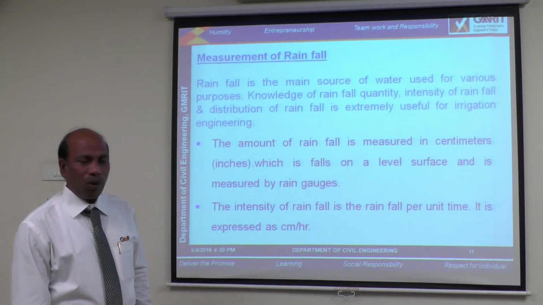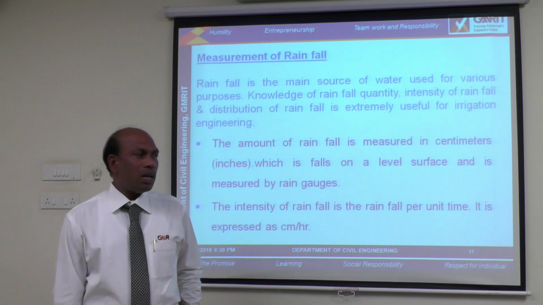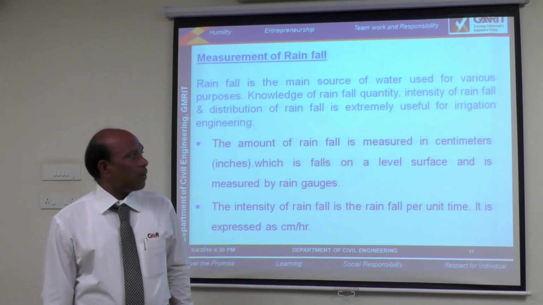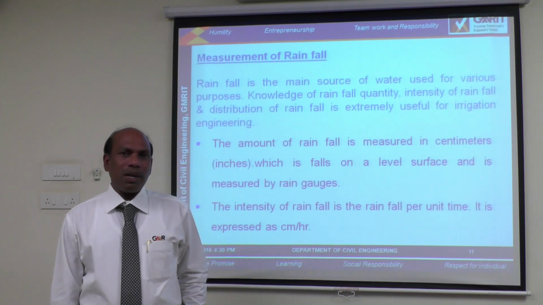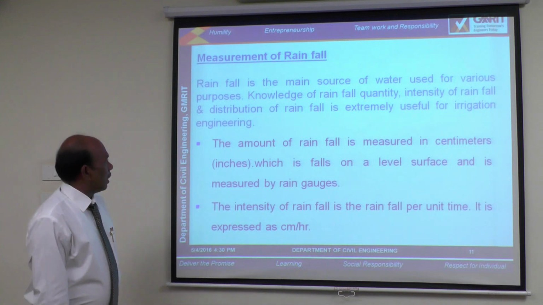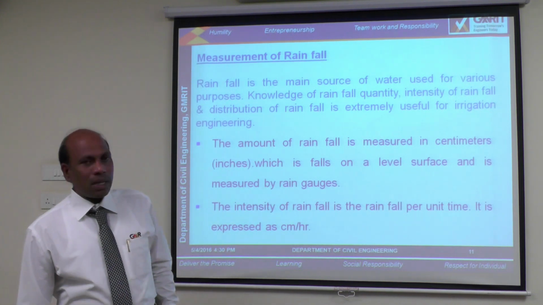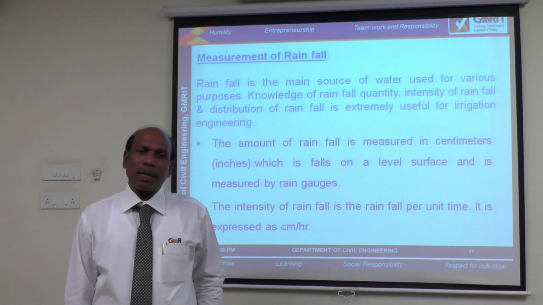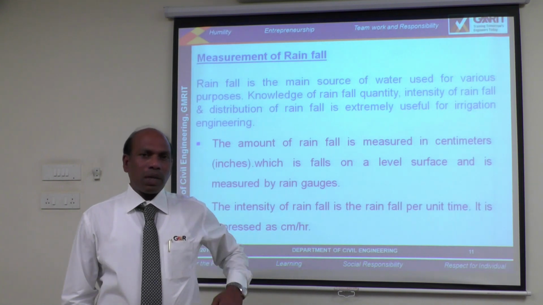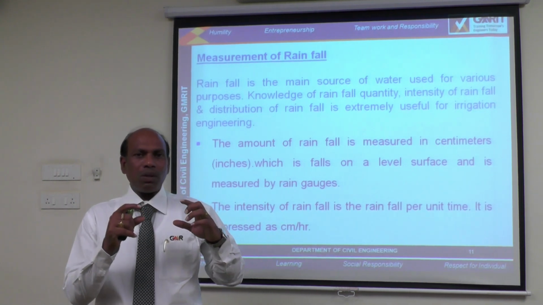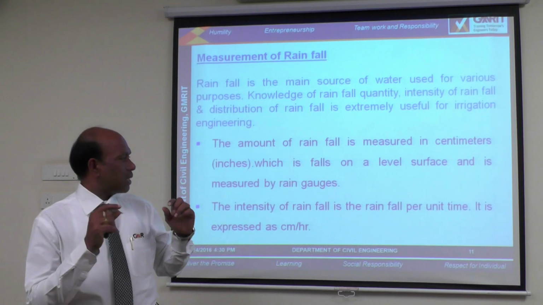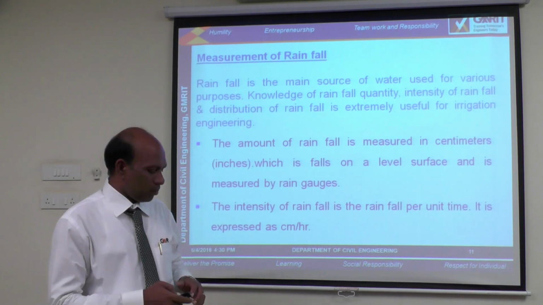Knowledge of rainfall quantity, intensity of rainfall, and the distribution of rainfall is extremely useful for the irrigation engineer. The amount of rainfall is measured in centimeters by using rain gauges, and the intensity of rainfall is referred to by using the units centimeter per hour.